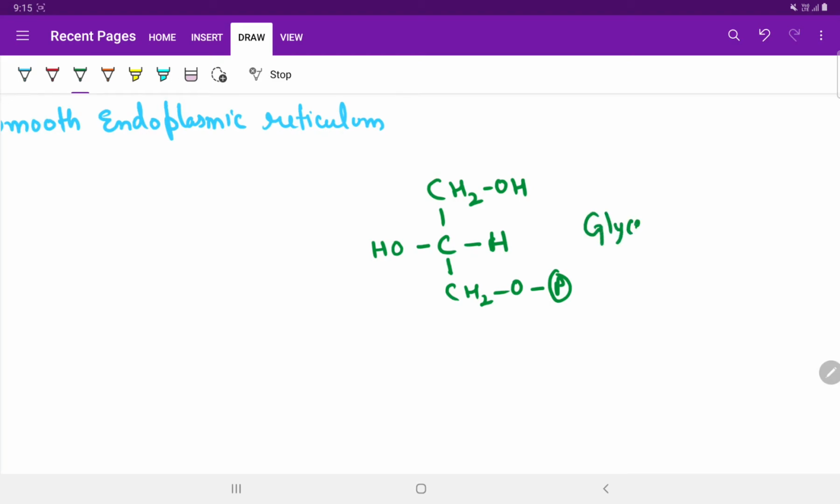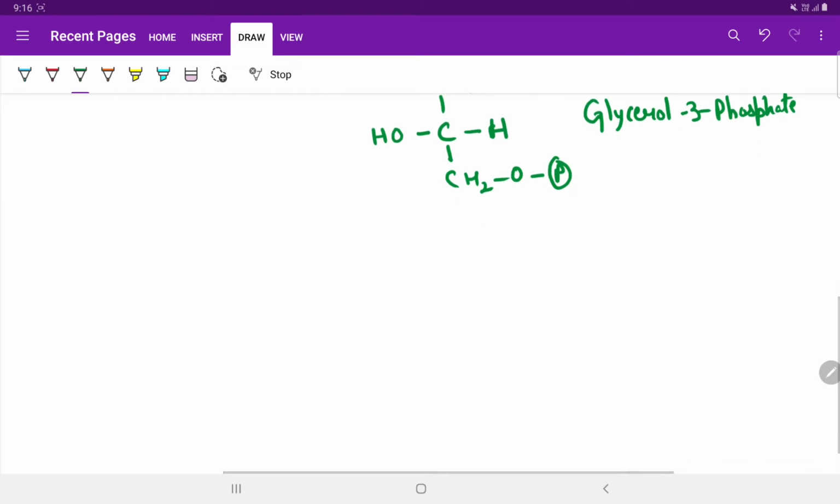We can also start the reaction from dihydroxyacetone phosphate. In some books you will find that the reaction is starting from dihydroxyacetone phosphate. From glycerol 3-phosphate it is converted into lysophosphatidic acid.